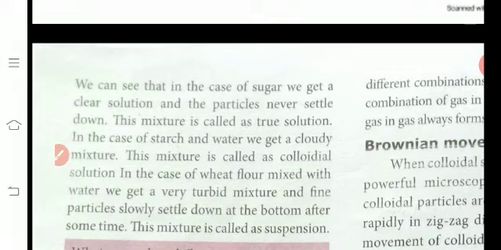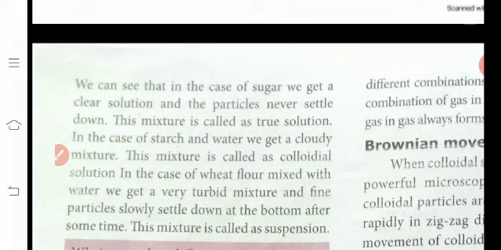Colloidal means, for example, ice cream and some other colloidal substances. That is called a cloudy mixture. This is called a colloidal solution.